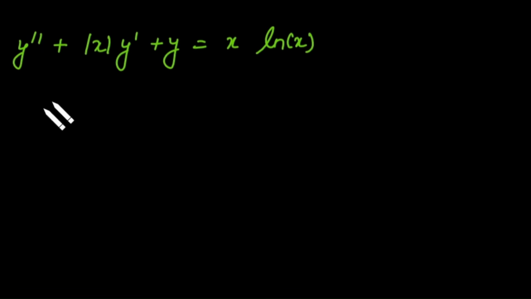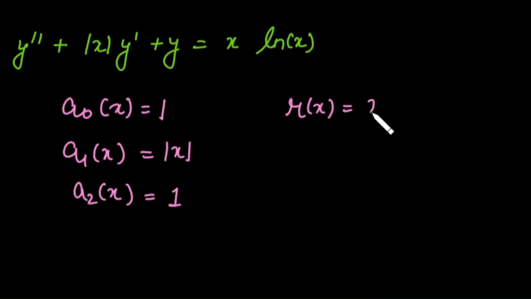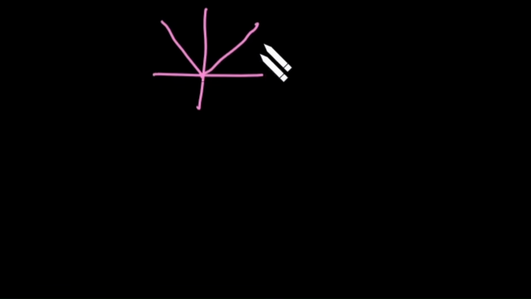Let's take another example. In this case, a0(x) is equal to 1, a1(x) is mod x, a2(x) is 1 and R(x) is x into log of x. Now in this case, mod x, the graph is like this, and this function is defined for every value of x.